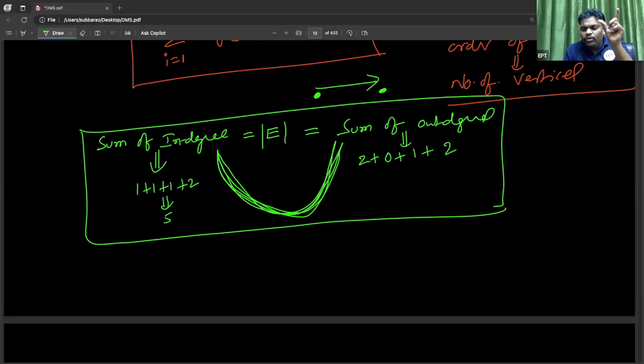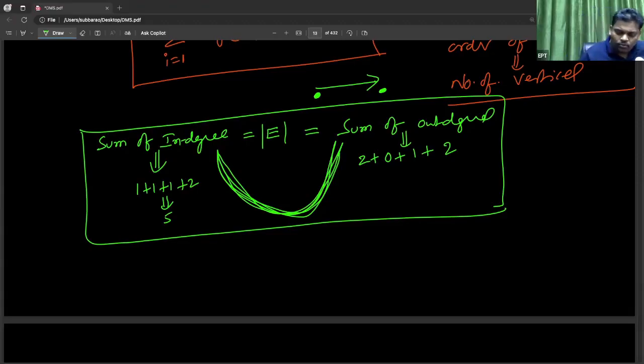Every edge counts degree 2, or not? See, if it is an edge, on this side 1 degree will come, and on this side also 1 degree will come. That is the double case. Here one vertex counted a degree, and here another vertex counted a degree. That is the reason double came. Sum of degrees is equal to 2 into e, because every edge will contribute degree 2.